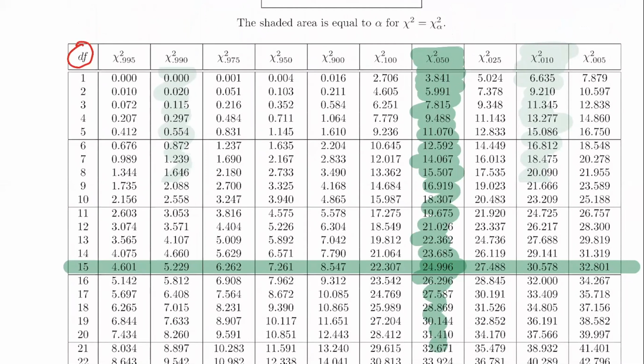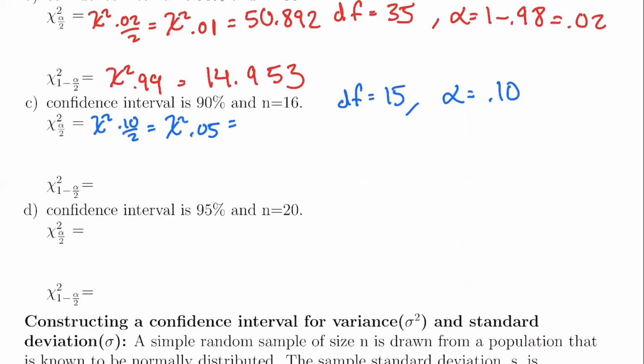So let me put that in the chat so I won't forget. 24.996. And we're all done for chi-square of 0.05.